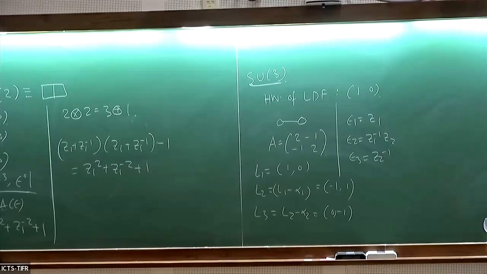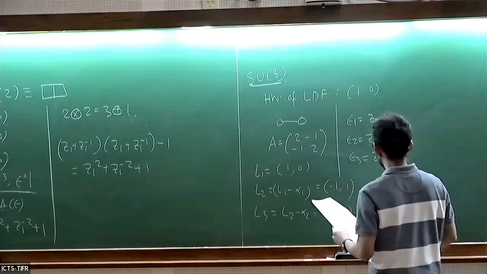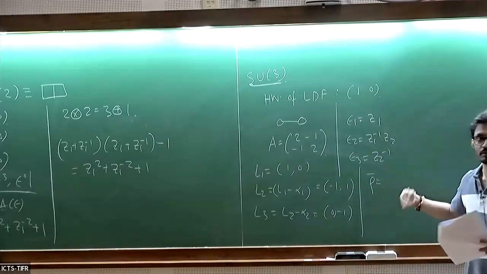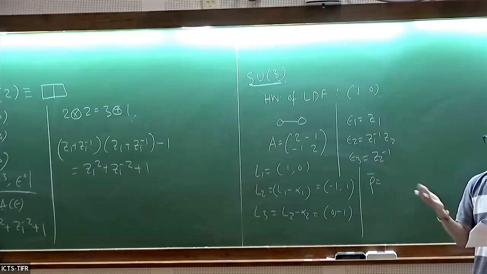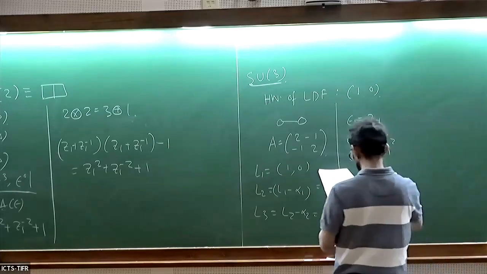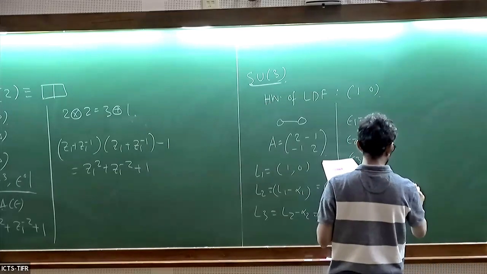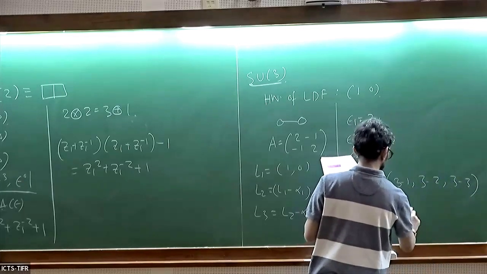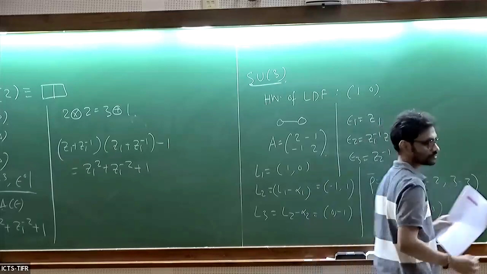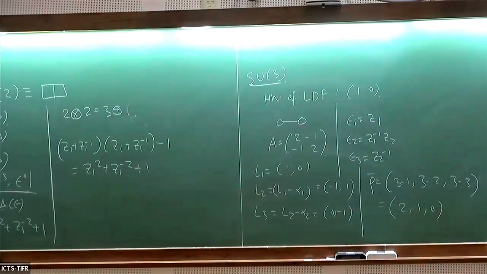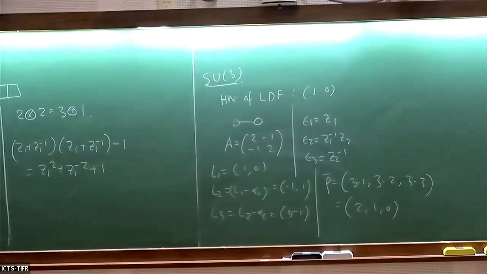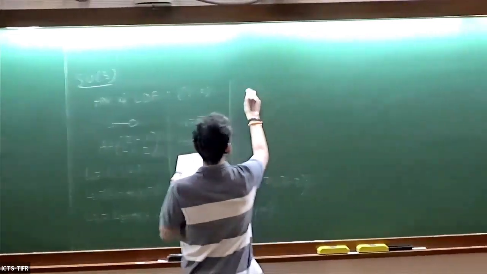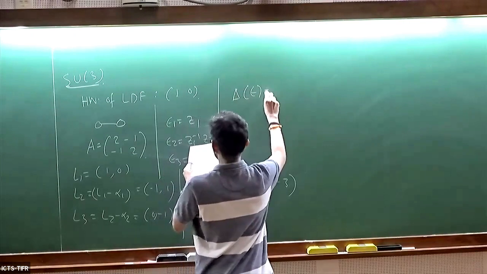Okay. And then the rho vector we can compute, as I told you, is independent of the representations. So for SUN, there will be n minus 1, so 3 minus 1, 3 minus 2, 3 minus 3. So the rho vector is (2, 1, 0). Once I have the rho vector and these quantities, I can calculate my delta epsilon.